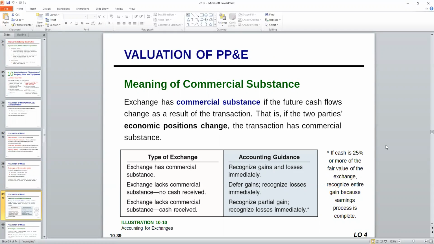But if we expect the cash flow of the business or the economic positions to change, then we're going to end up with either a gain or a loss. And in that case, we'll recognize those gains or losses immediately.